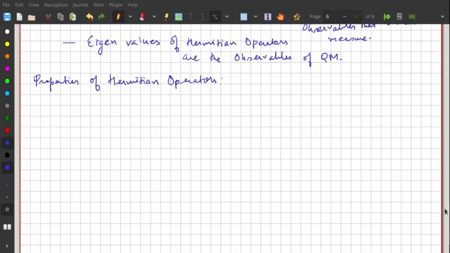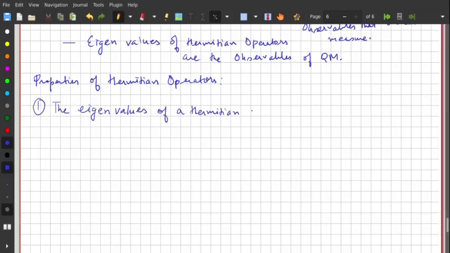Okay, so let's now study some of the properties of Hermitian operators in general. One of the very important and fundamental properties of Hermitian operators is that the eigenvalues of a Hermitian operator are real.